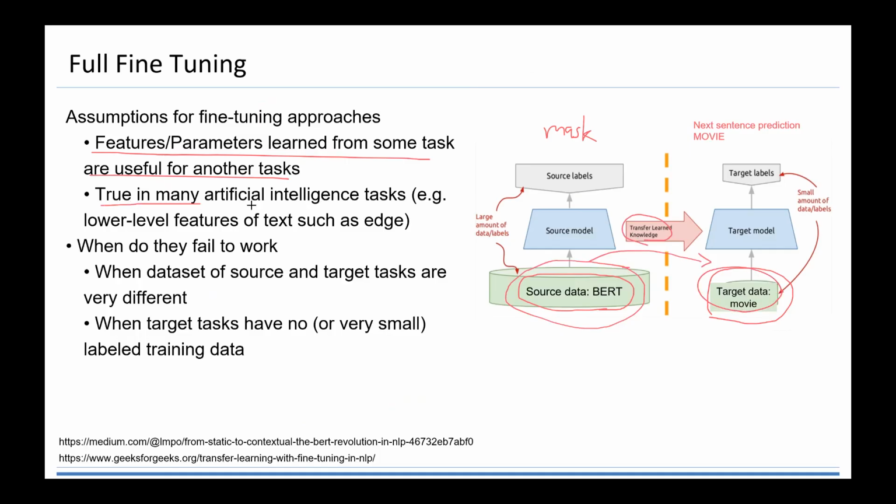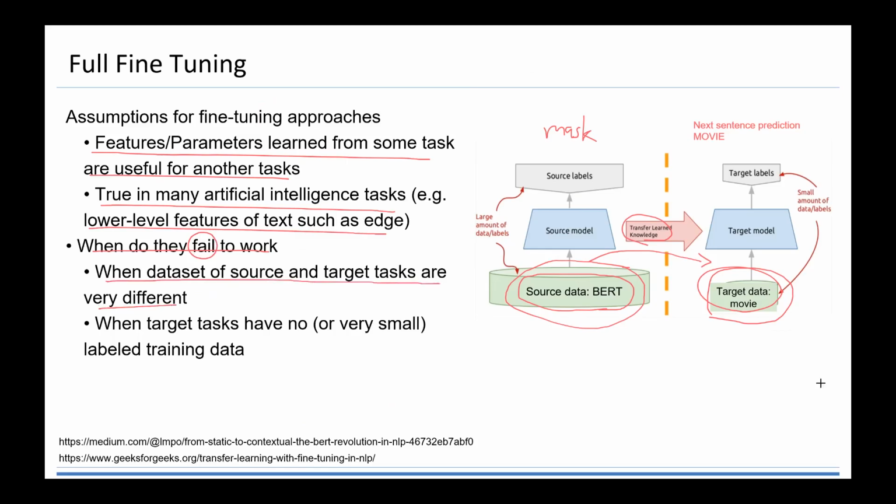It is true in many artificial intelligence tasks that the lower level features of text are transferable, so it is good, but sometimes it fails to work. It can fail when the datasets of the source and target tasks are very different.